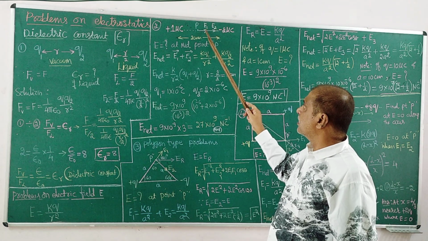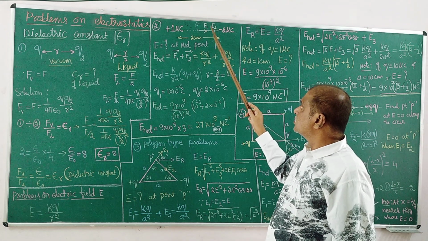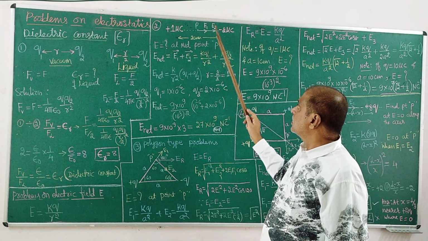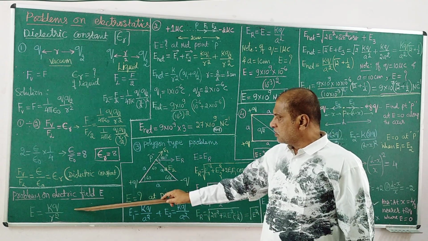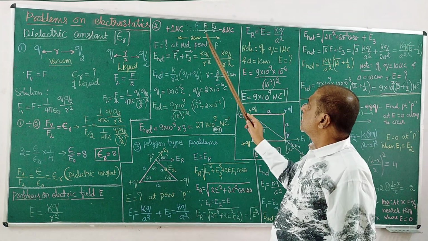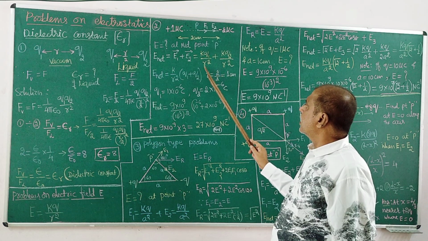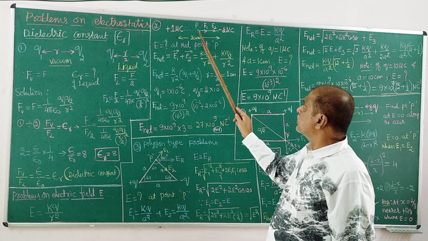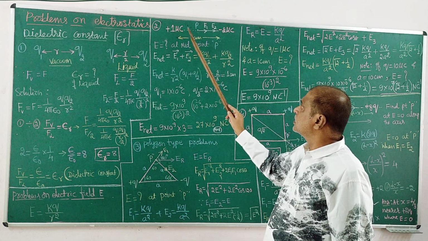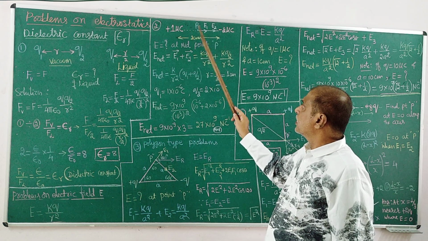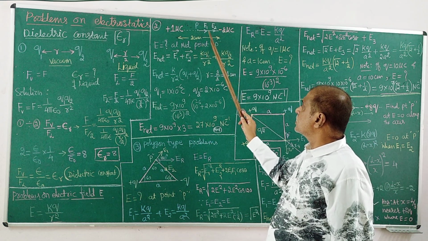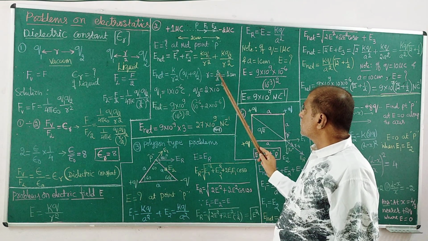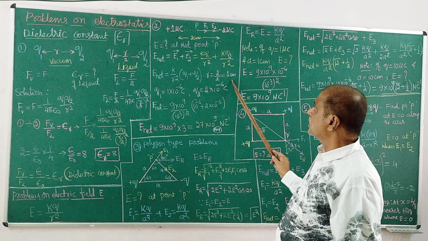First, write the mathematical definition of E1. Assume this is Q1 and this is Q2. Same equation: at this point, E1 equals kQ1 by r square. The distance between this point and this charge is 1 centimeter, because it is the midpoint. That is, r equals 2 by 2, 1 centimeter.